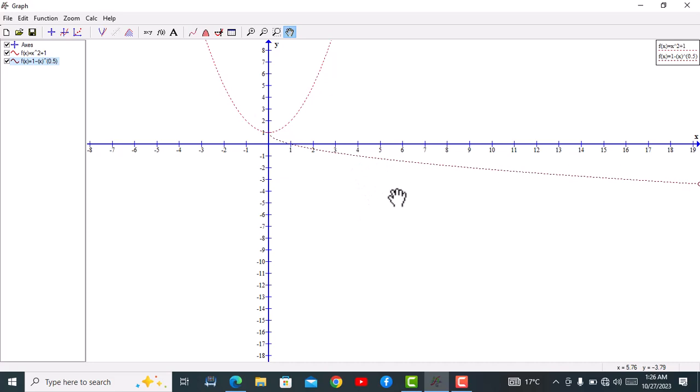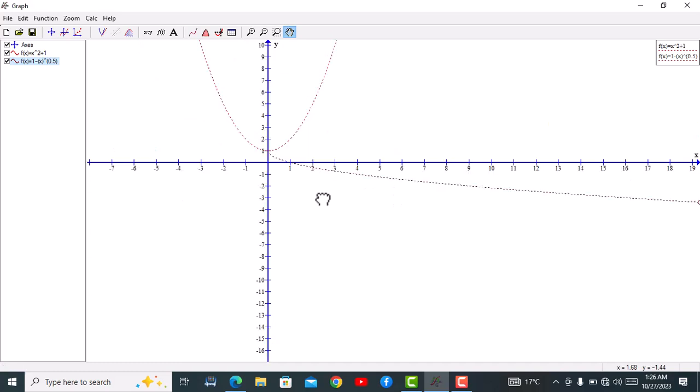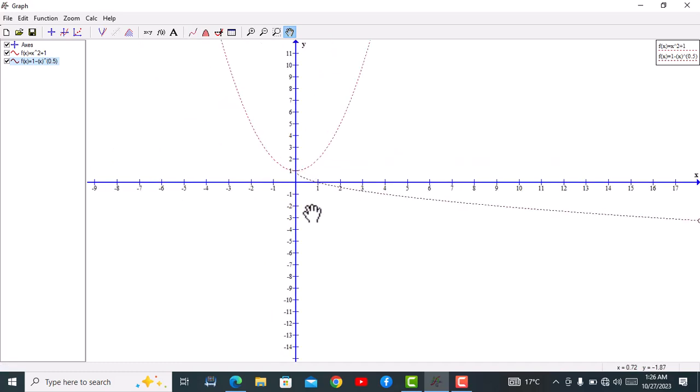Very important that we understand that the range here, which are the values of y, should be less than or equal to 1. There they are, those values that are less than or equal to 1, and y should be less than negative infinity. That would be the range of this function.